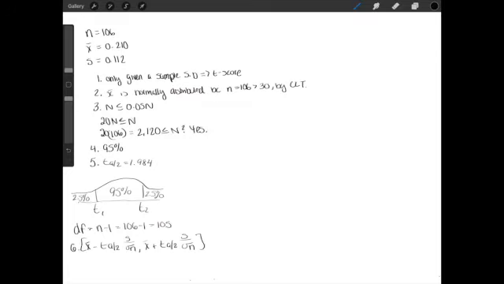We are going to plug in our numbers. That is 0.210 minus 1.984 times 0.112 over square root of 106, and 0.210 plus 1.984 times 0.112 over square root of 106.